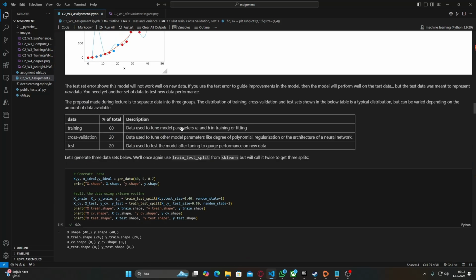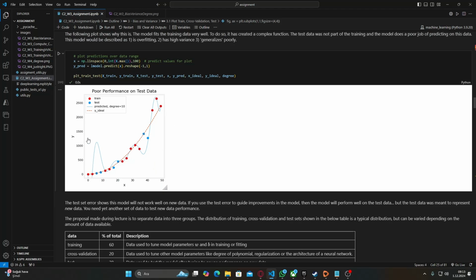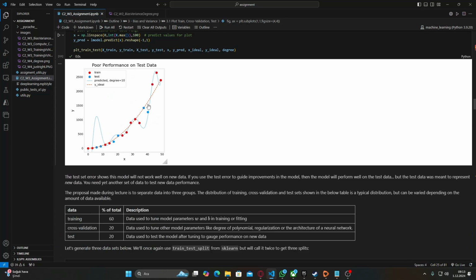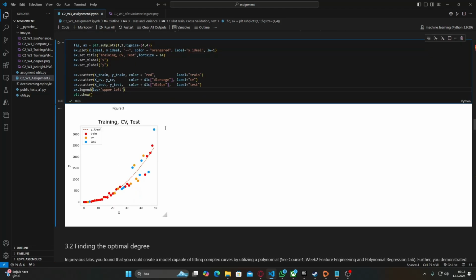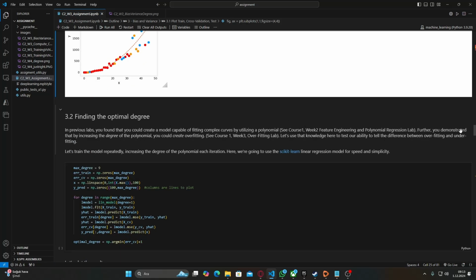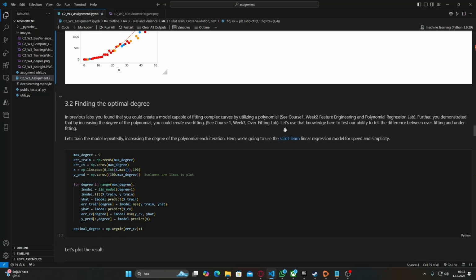It's actually even in here, an example of overfitting. Yeah, I was here. And let's use the knowledge here to test our ability to tell the difference between overfitting and underfitting.